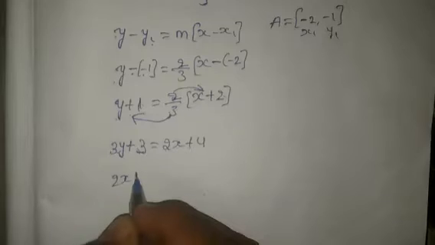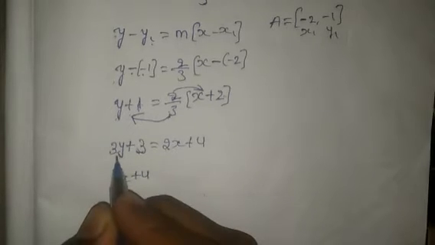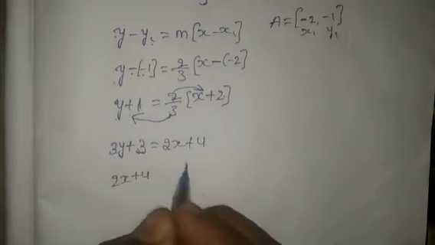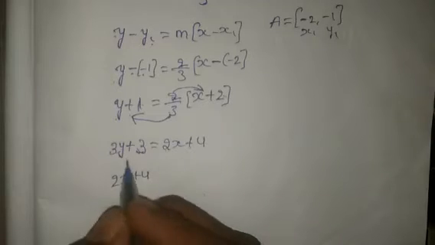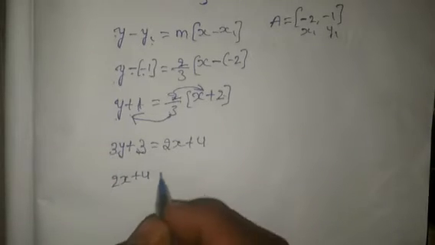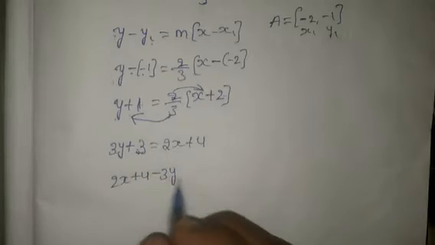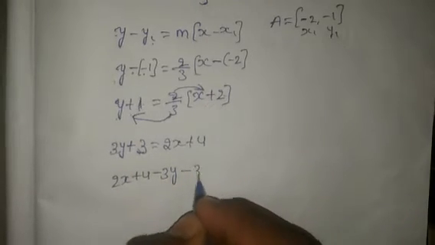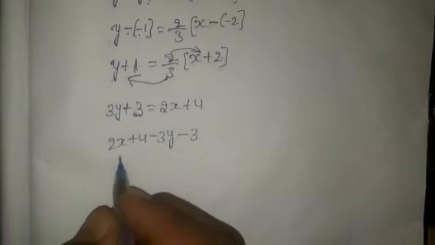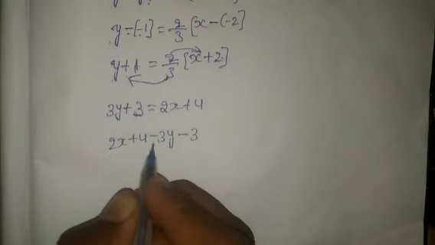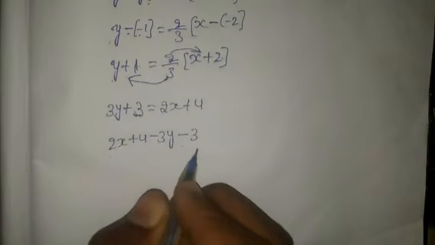2x comes first, so 2x plus 4. The 3x plus 3 transfers to the left side, so it becomes minus 3y, and the plus 3 transferred becomes minus 3. Now 2x plus 4 minus 3y minus 3.